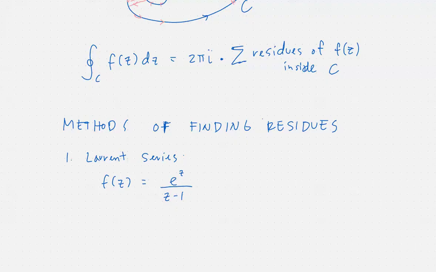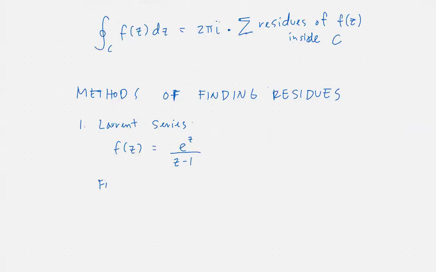So, find the residue at z equals 1. So we use capital R for the residue. So residue at 1. Okay.